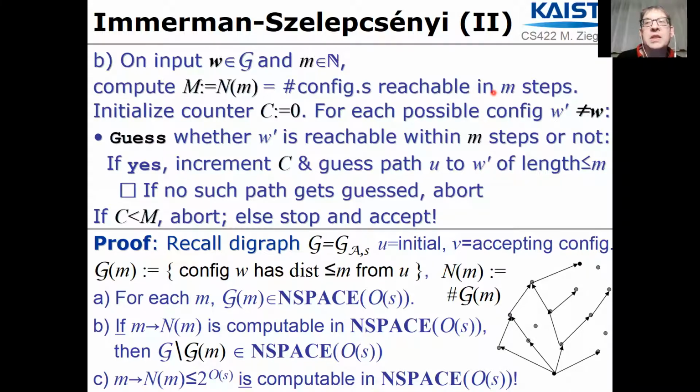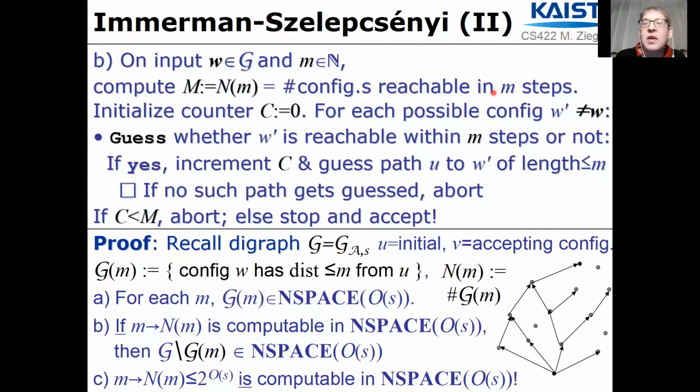And notice that this is a very different semantics of guesses, very different from randomized, right? Because the probability for all these guesses to be successful is negligible, but we're not talking about a randomized algorithm here. We're talking about non-deterministic.